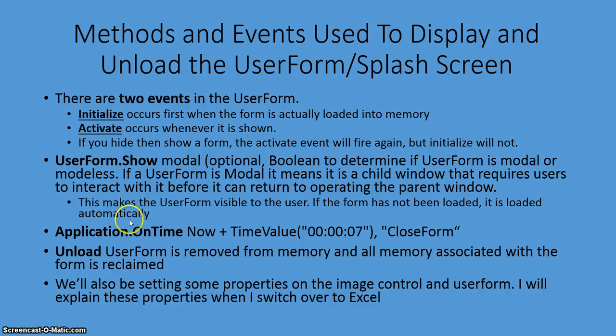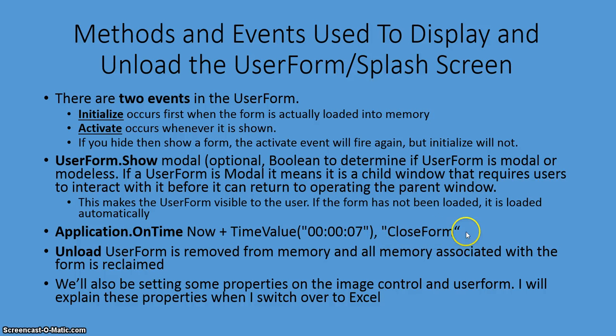We're also going to be using the onTime method of the application object. This onTime method has 4 different parameters, but today we're only going to be utilizing 2 parameters. The first parameter is where I'm going to be passing it a value of a time.